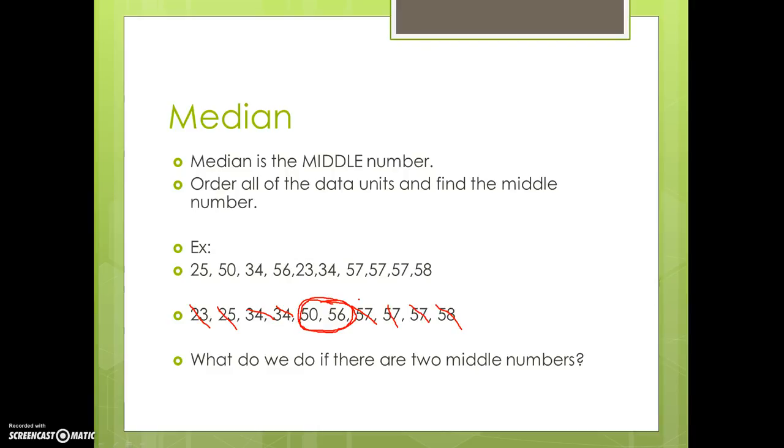You only divide by 2 because there's only two numbers, and you get 53. So for this data set, 53 would be considered the median or middle number. Most of the time, if you have an odd number of data units, you'll only have one number in the middle, and that makes it really easy. So I gave you a really tricky problem. You have two numbers in the middle, so you take the mean of the two numbers.